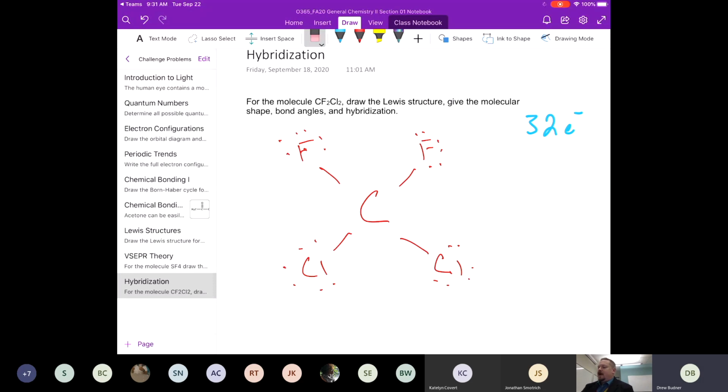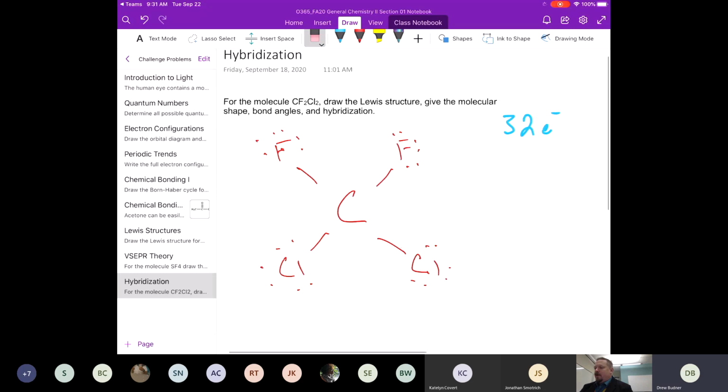So then we want the molecular shape. So again, we look at where we have electrons around the central atom, and there's 4 places. All of them are bonded pairs. So when we have 4, the electron geometry is going to be tetrahedral, right?